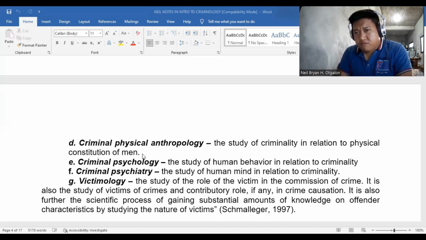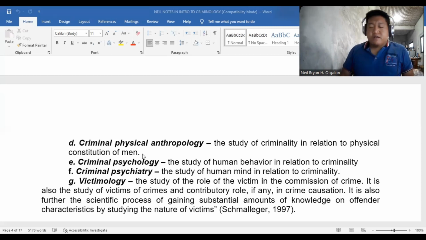Hindi mo na alam kung tama ang ginagawa mo. Then psychiatry will come to explain that. So, pag severe na utak mo na ang problema, you do not know how to use your brain or mind properly already as a whole, then criminal psychiatry will explain, no?